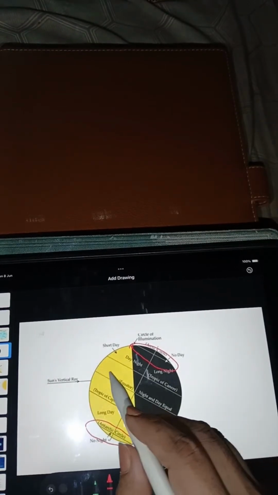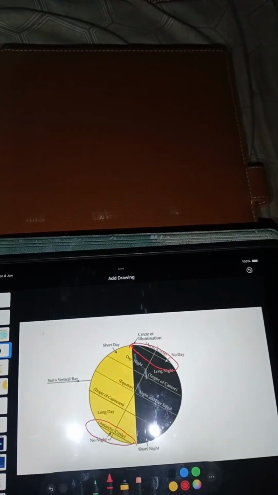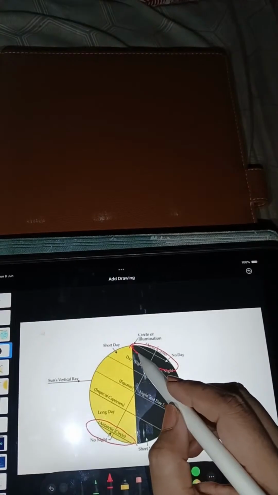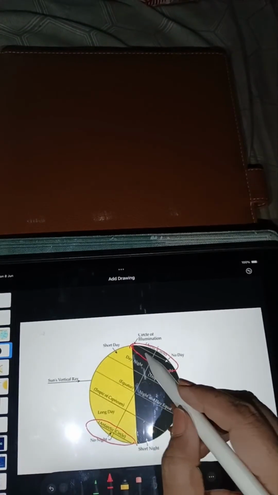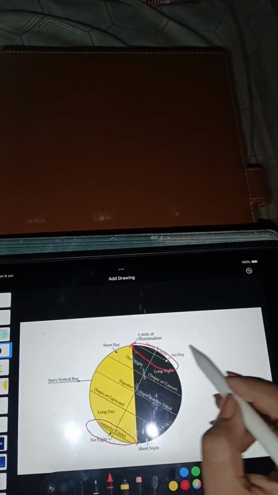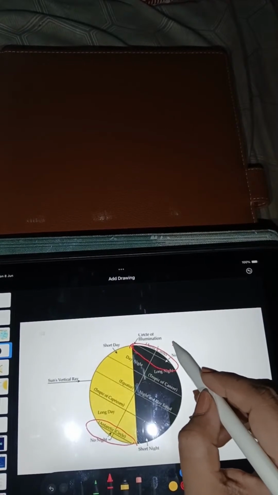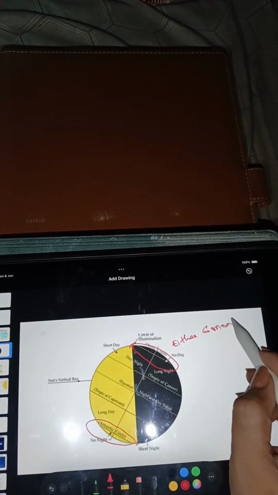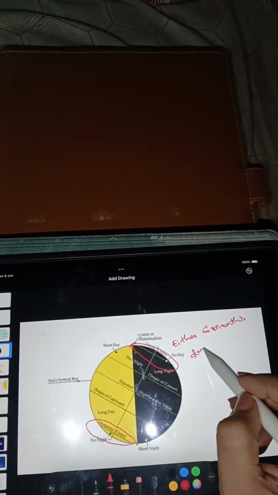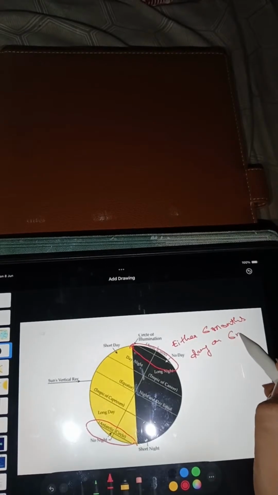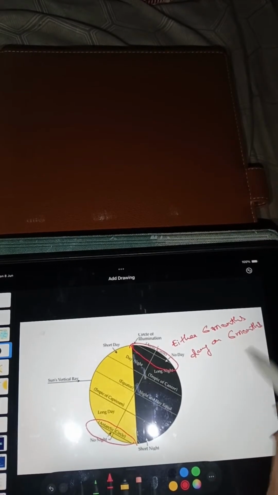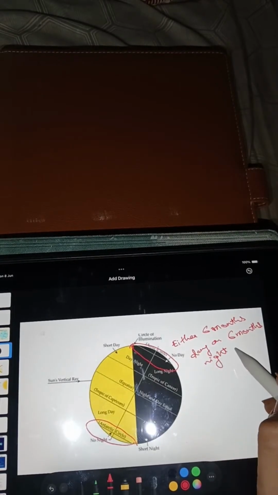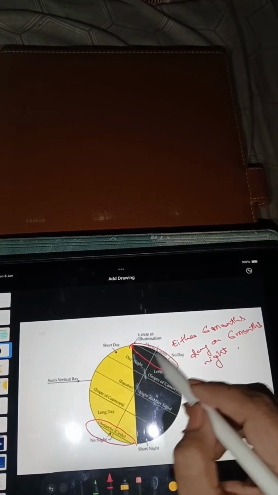So this is the reason there is a variation of day and night in duration, and in the polar region there is either 6 months day or 6 months night.